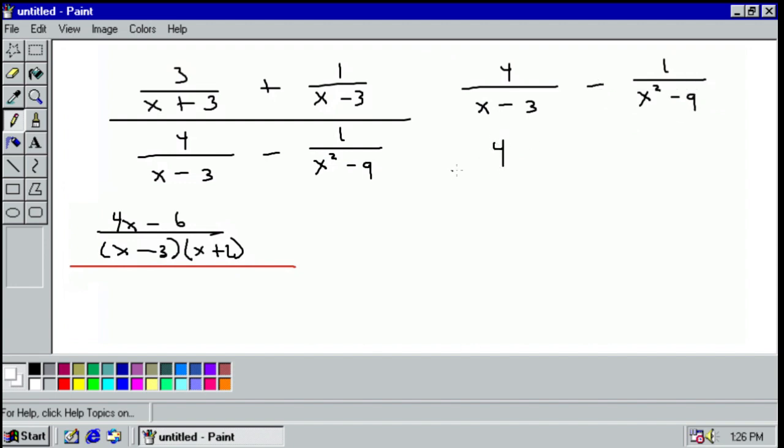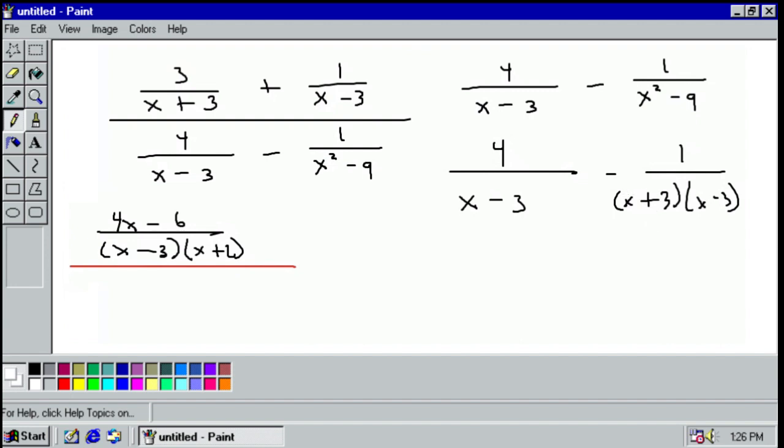So we have 4 over x minus 3, x plus 3, x minus 3. If you wonder how I got that, since this is a perfect square number, you just take the square root of x squared and 9. So the square root of x squared is x, and the square root of 9 is 3.